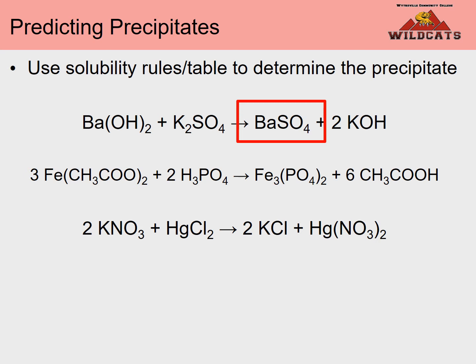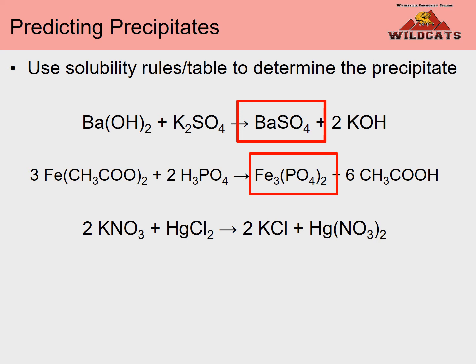If you find the potassium, which is 4 up from the bottom, and you find the OH, which is about in the middle of the chart, there's an S, which means it's soluble in water, so it's the barium sulfate. If I do the next one and I look up iron, the problem is I've got a choice of iron 2 or iron 3, and this is iron 2.